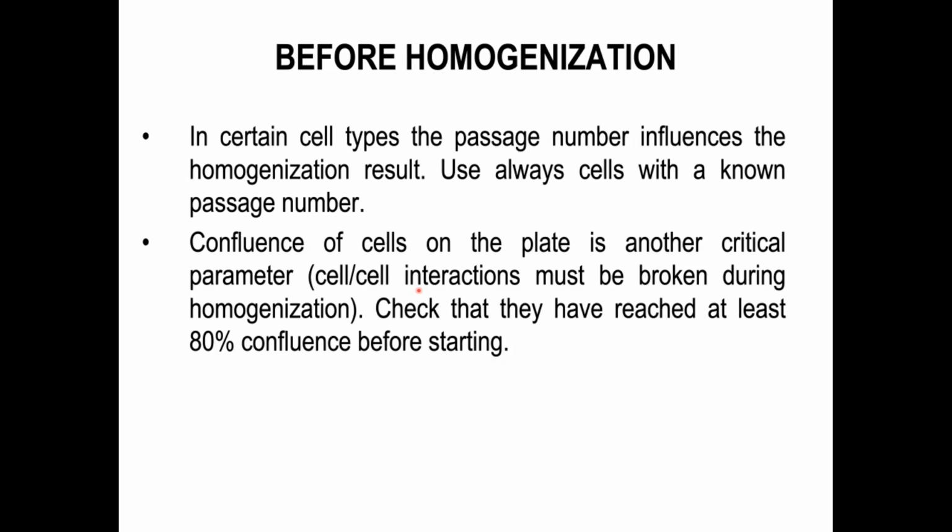Imagine you have a sheet of cells that is tightly connected by junctional complexes, lateral cell junctions, desmosomes. They translate their junctional contacts into the interaction with the cytoskeleton in the cell, and a three-dimensional network is then generated in these tissue culture plates where these cells form a sheet.